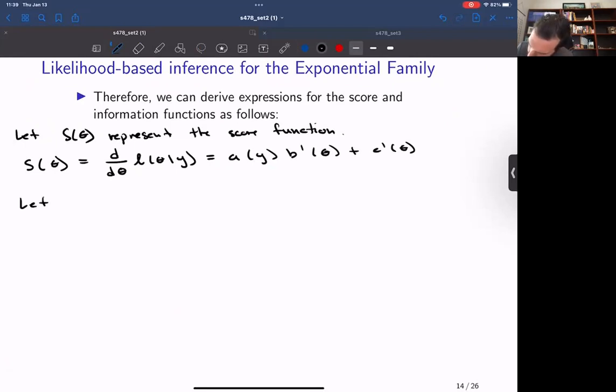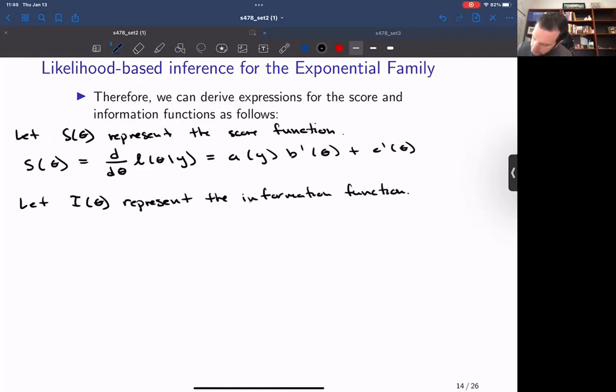Let I of theta represent the information function.